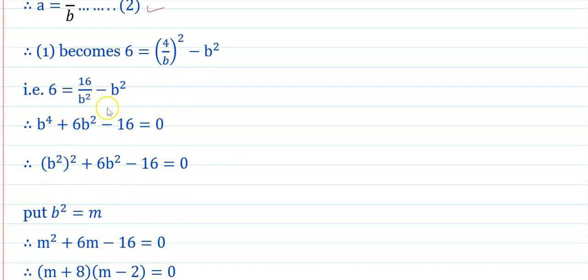Now multiply on both sides by b square. या दोन्ही बाजूला जर आपण b square ने मल्टिप्लाय केलं, then what you will get? 6b square is equals to 16 upon b square into, इथे किती येणार, तर b square. Then this is b square into b square.